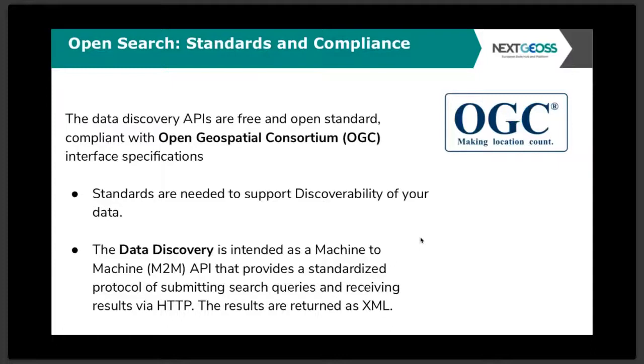One thing that is important for us is we are trying to be OGC compliant, and with that we want to support discoverability of our data, as well as to provide standardized results to the user.